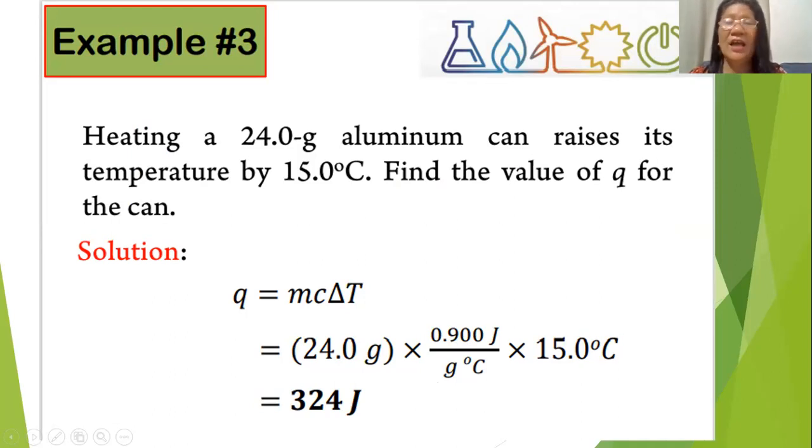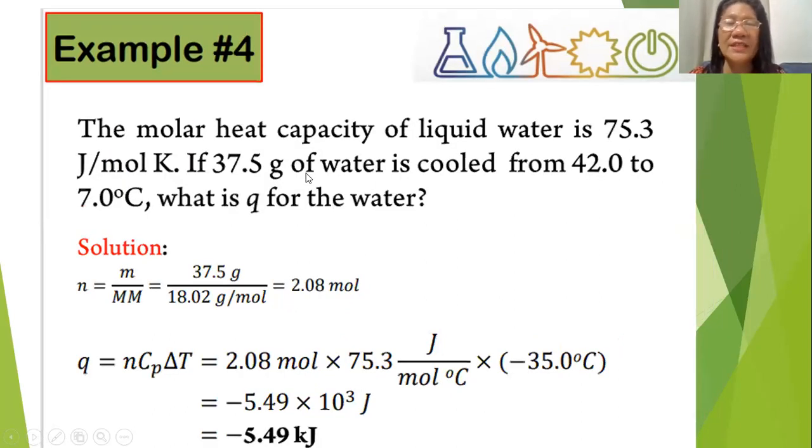Okay. Another example, this time with the molar heat capacity, since the previous one used specific heat. The molar heat capacity of liquid water is 75.3 joule per mole Kelvin. So you will be using Cp.